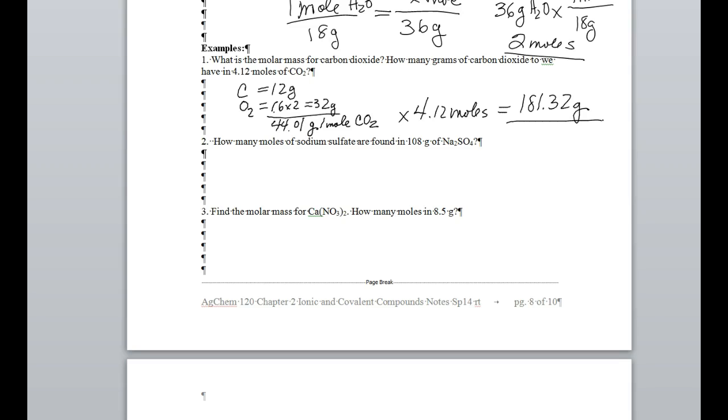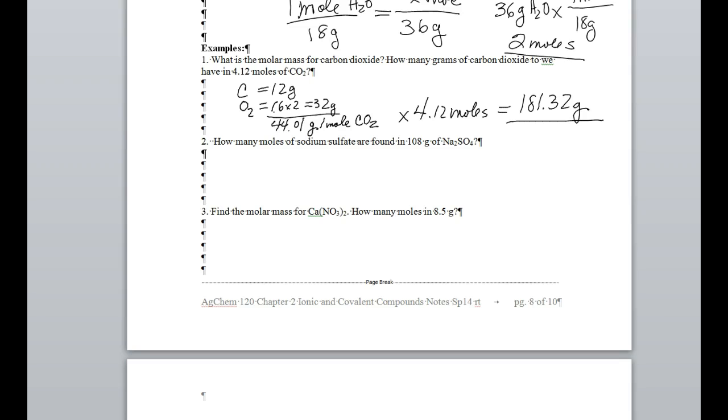So I've got 108 grams of this. So how many moles is that? How would I know if there's 142 grams in 1 mole? That means if I only have 108 grams, I don't quite have a mole, do I? So it's got to be a fraction of a mole.